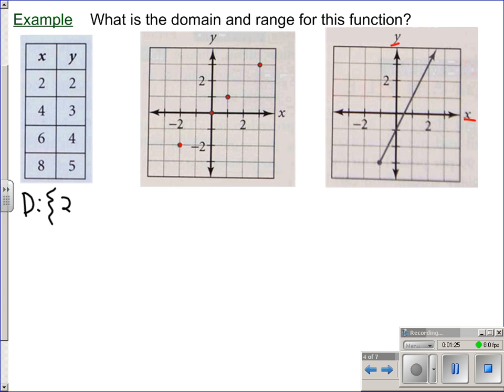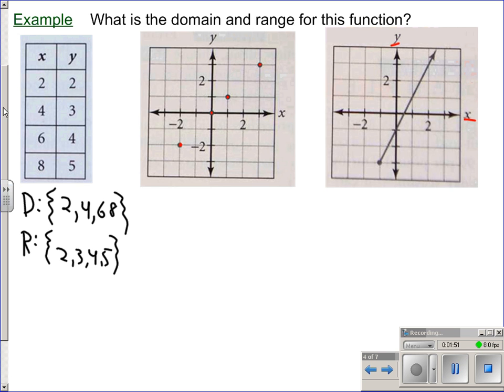We've only got a couple, 2, 4, 6, and 8. And the squiggly bracket, that's our domain. Those are the possible x values that this function has. The range is the possible y values. So same thing. We just got a few of these points. Our possible y values, 2, 3, 4, and 5. And the squiggly bracket. There's your domain and range.